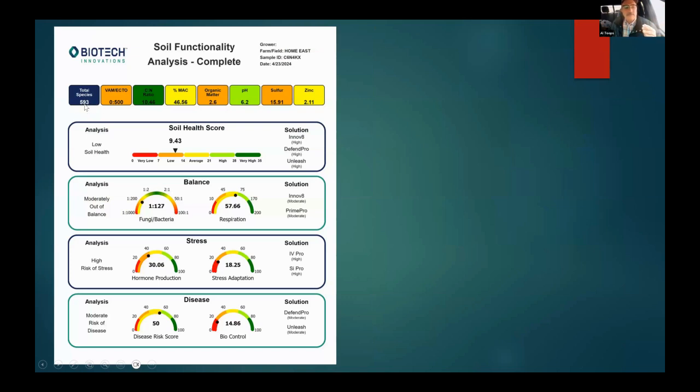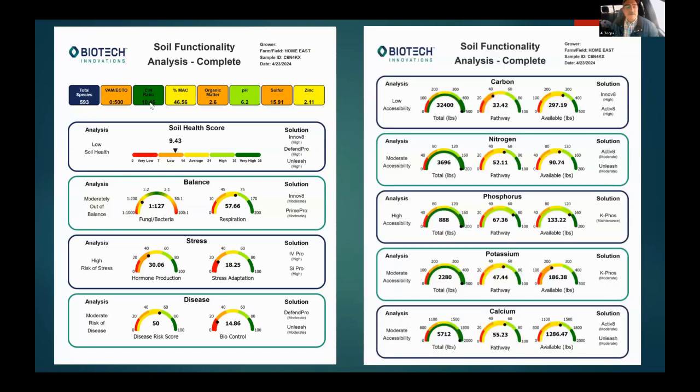And if we can improve it, then I should see an improvement of species over time, going from 590 up to maybe 700, 800 after a year or two. I can see what my carbon nitrogen ratio is, what my microbial active carbon levels are, what the organic matter is, what the pH is, and then it gives you a total soil health calculation. In this case, we have a low number.